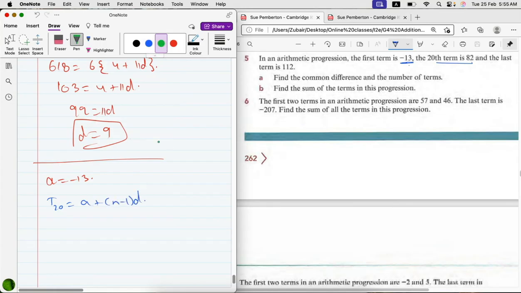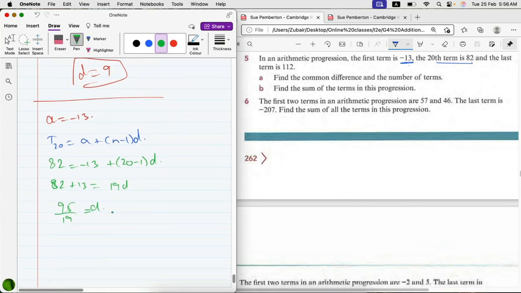Now we fill in the values. 20th is 82, where first was minus 13. When it is 20, we write 20 minus 1, and d can be figured out from it. That's 82 plus 13 is equal to 19d. 82 plus 13 is 95, divided by 19. Oh, I see. It's 5.